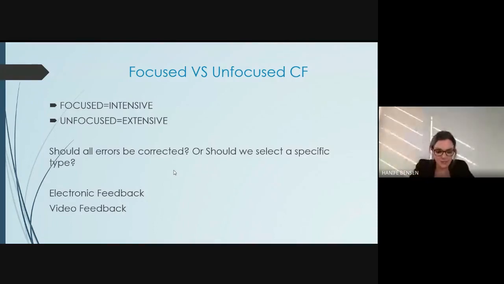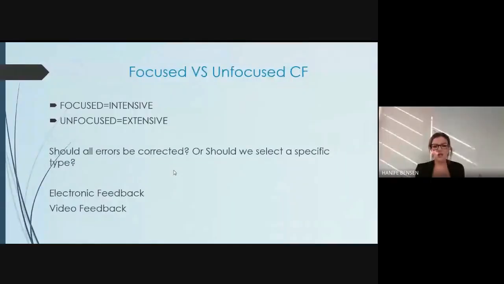Corrective feedback may prove more effective as learners will be able to examine several corrections of a single error and thus obtain the rich evidence they need to understand why what they wrote was incorrect. So should all errors be corrected, or should we select a specific type?